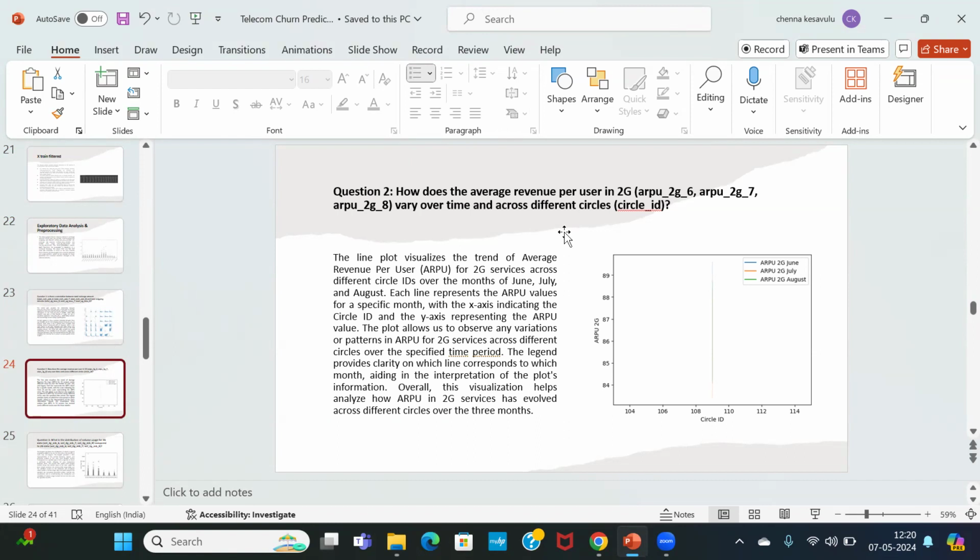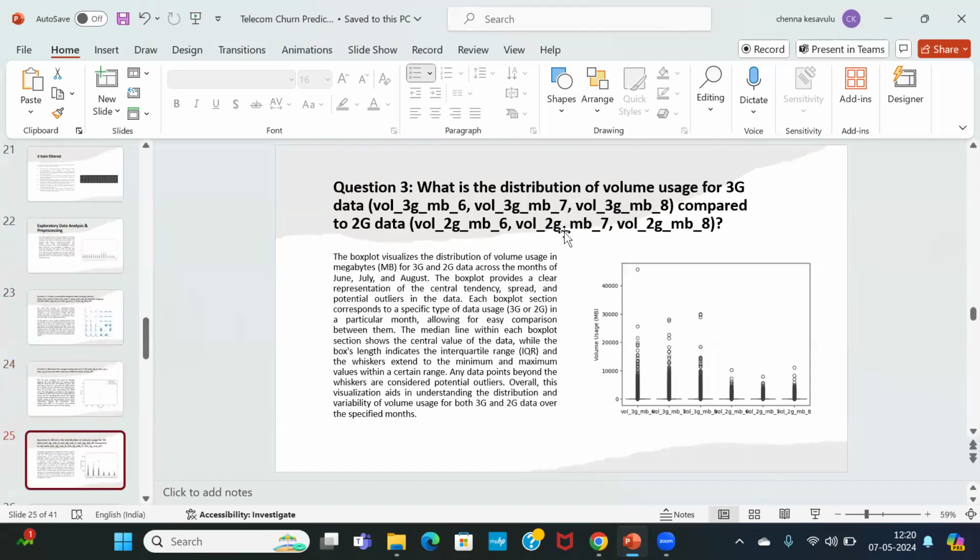Each line represents the average revenue per user values for a specific month, with the x-axis indicating the circle ID and the y-axis representing the average revenue per user value. The plot allows us to observe any variations or patterns in average revenue per user for 2G services across different circles over the specific time period.